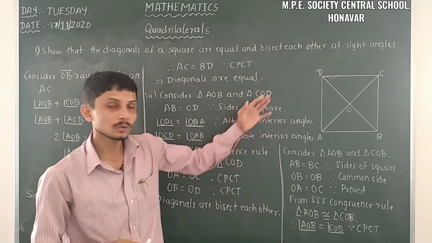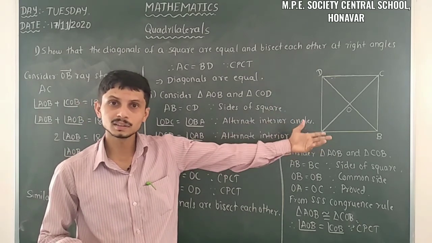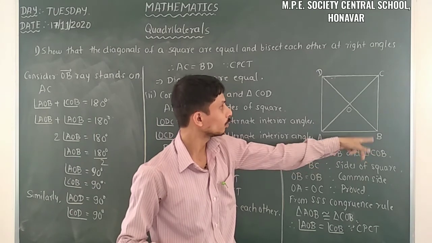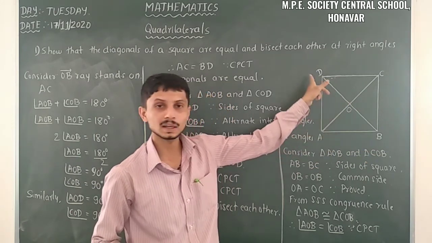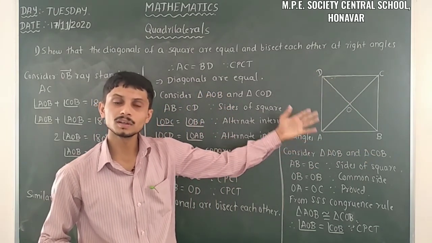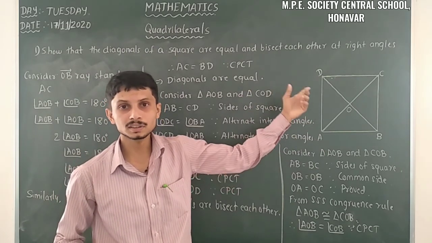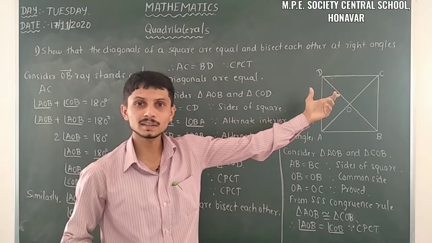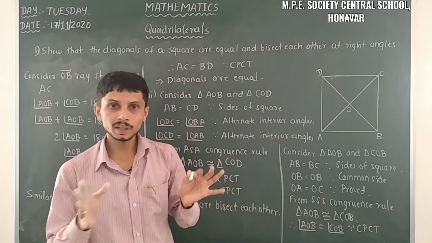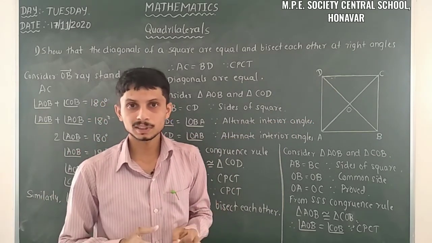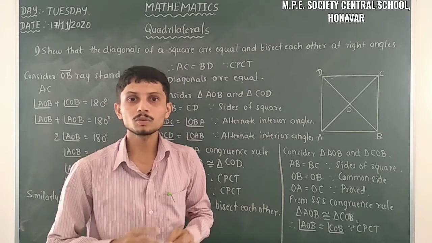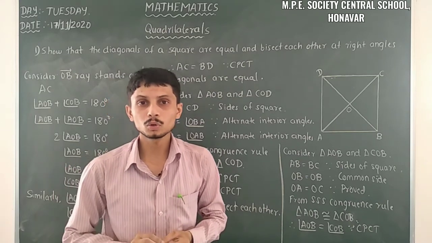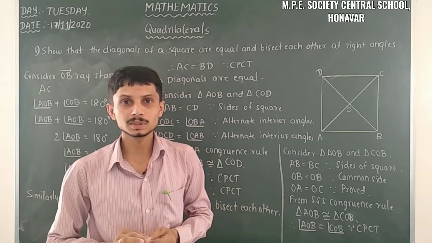And also we considered those triangles in which angle AOB, angle COD and angle AOD are parts. After that we got that the diagonals not only bisect each other, they bisect each other at right angles. There are many such problems, so you have to solve them individually. I hope you understand that. So here I will conclude this part.